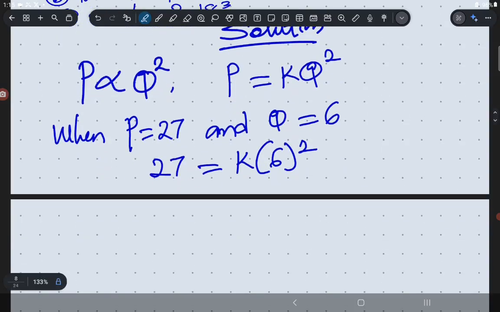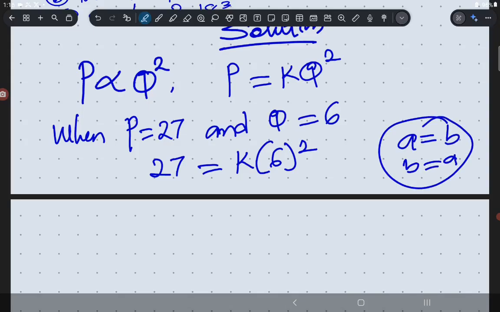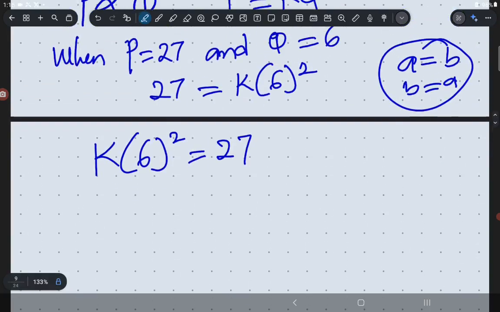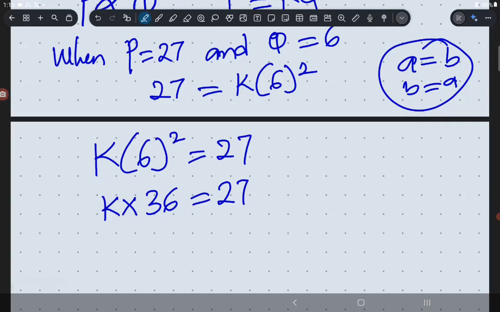So we are using this to find the value of K. As I said in the first example, if A is equal to B, then B can also be A. Since they are equal, K times 6² is equal to 27. That is, K times 36 is equal to 27.